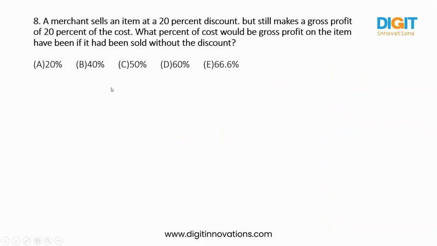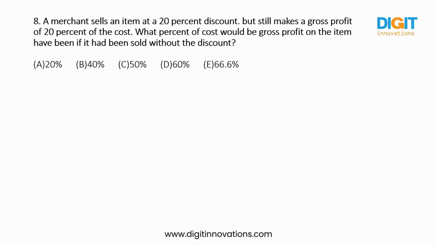So the next one is: a merchant sells an item at a 20% discount but still makes a gross profit of 20% of the cost. What percent of the cost would the gross profit on the item have been had it been sold without the discount? So they are telling us there is an item, and the shopkeeper sold it at a 20% discount. After giving the 20% discount, he also got 20% profit.